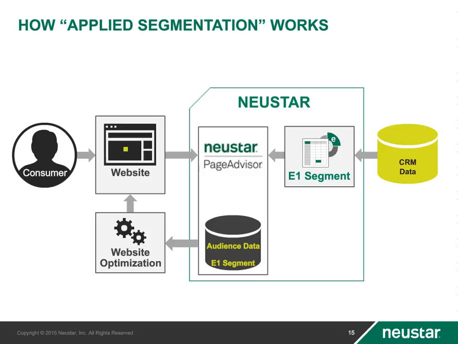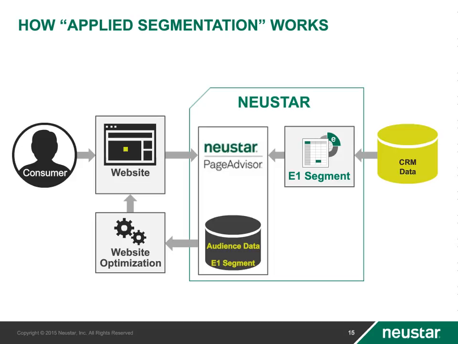And so the very high level example we gave was on certain demographics, but you could have a combination of demographically based segments with actual behavioral characteristics that they're exhibiting on your site to form business logic around what message to present back to them. So the same infrastructure exists where someone comes to the website, PageAdvisor is called, the E1 segment value is returned, 1 from 172, back to your website optimization platform.